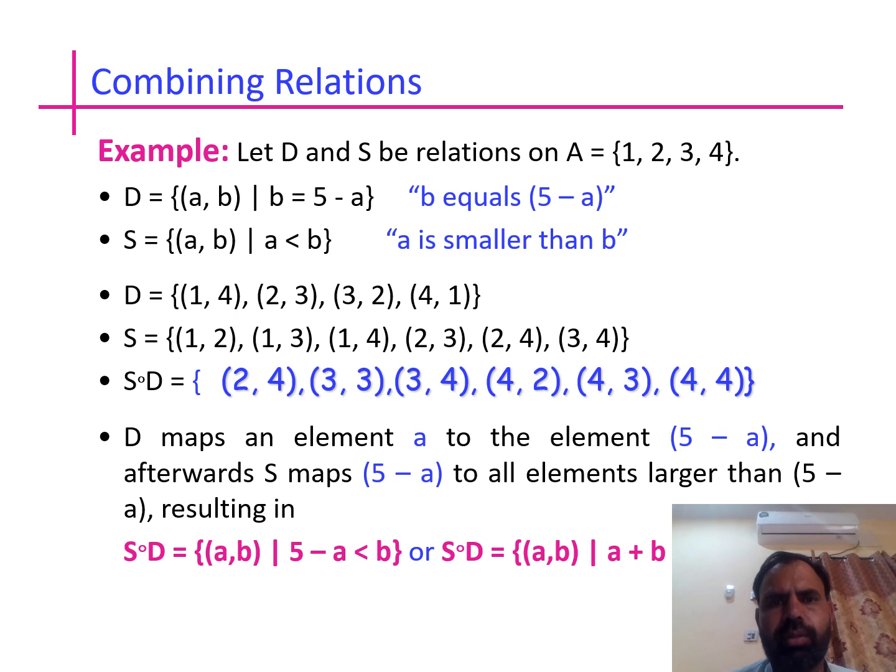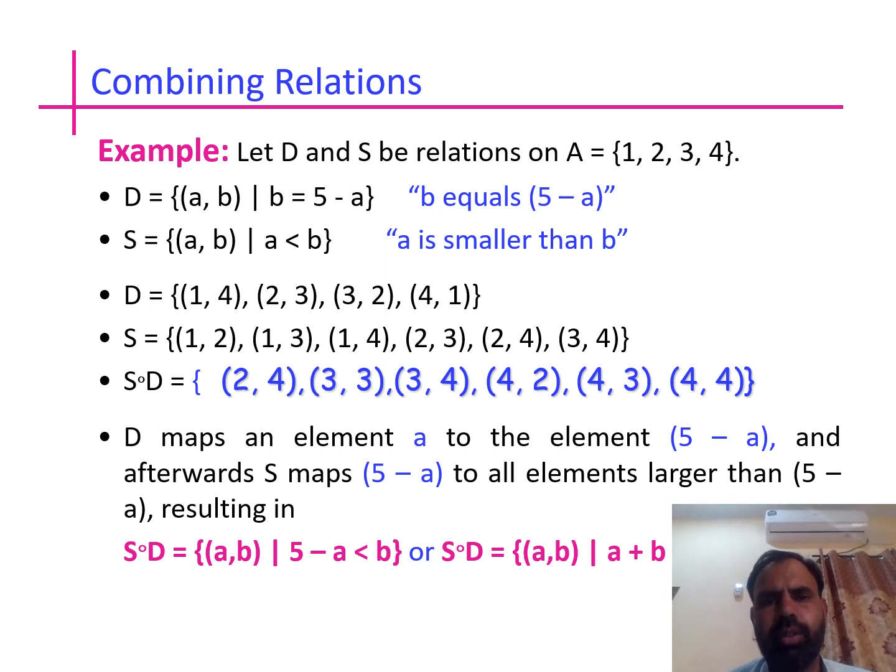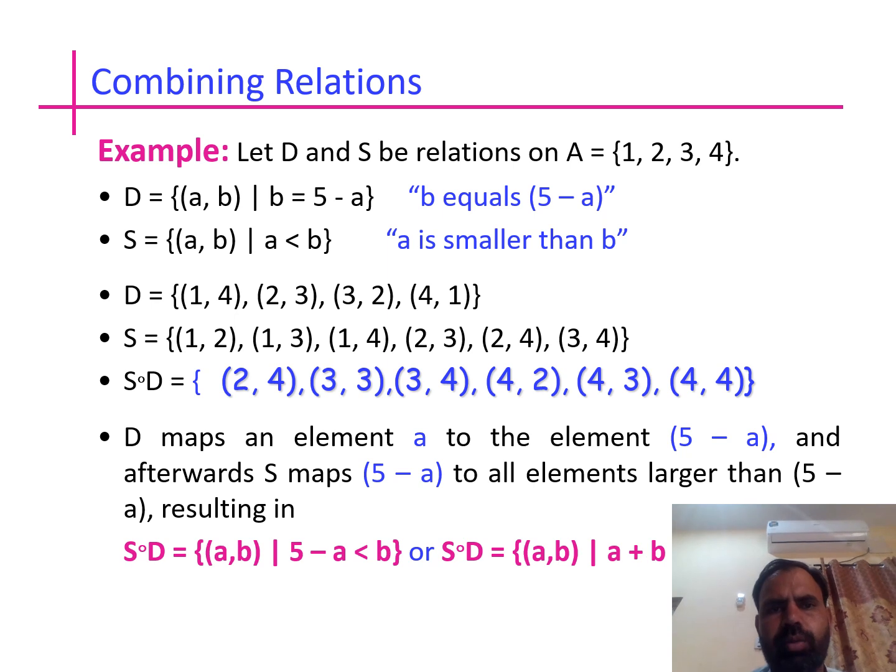S is the set of (a, b) where a is less than b. So D becomes (1, 4), (2, 3), (3, 2), (4, 1), which satisfies the condition b equals 5 minus a, and S is (1, 2), (1, 3), (1, 4), (2, 3), (2, 4), (3, 4). In all these you can see that a is smaller and b is greater.